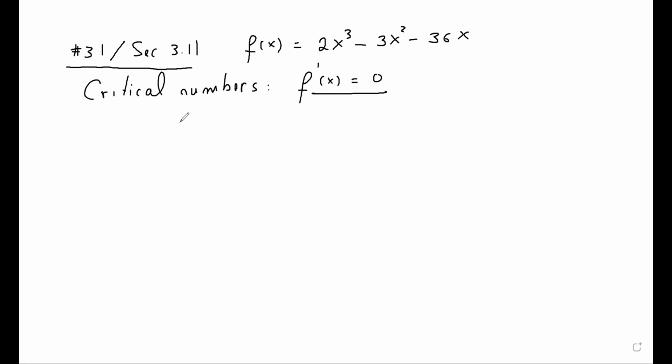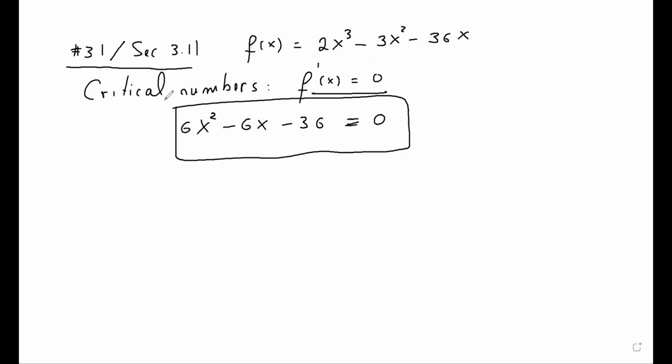The derivative is 6x squared minus 6x minus 36 equal to 0. When you have that equal to 0, you can factor out 6, and that's 6 times x squared minus x minus 6 equal to 0. And you can factor further: 6 times (x minus 3) times (x plus 2) equal to 0.